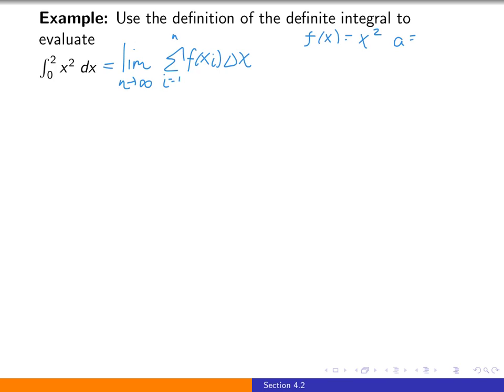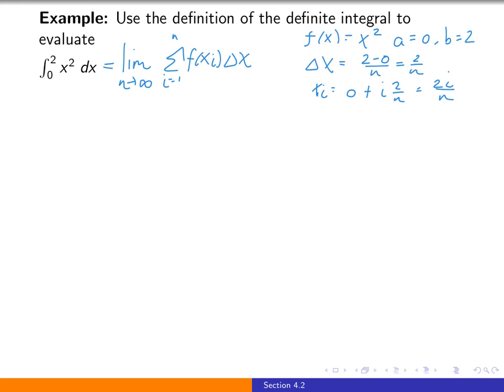We have a is equal to 0, b is equal to 2. Those are the limits of integration. Delta x is (b minus a) over n, so 2 over n. And x sub i is equal to a, so 0, plus i times delta x. So that's just 2i over n.